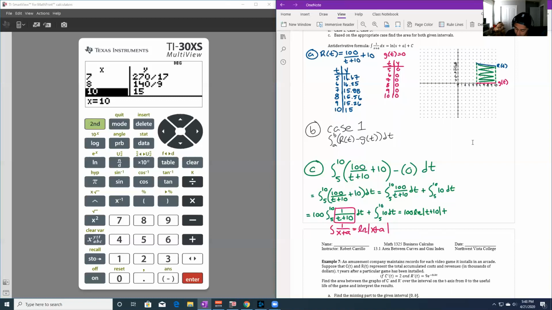That is 10t. And now we are evaluating all of this from 5 to 10.